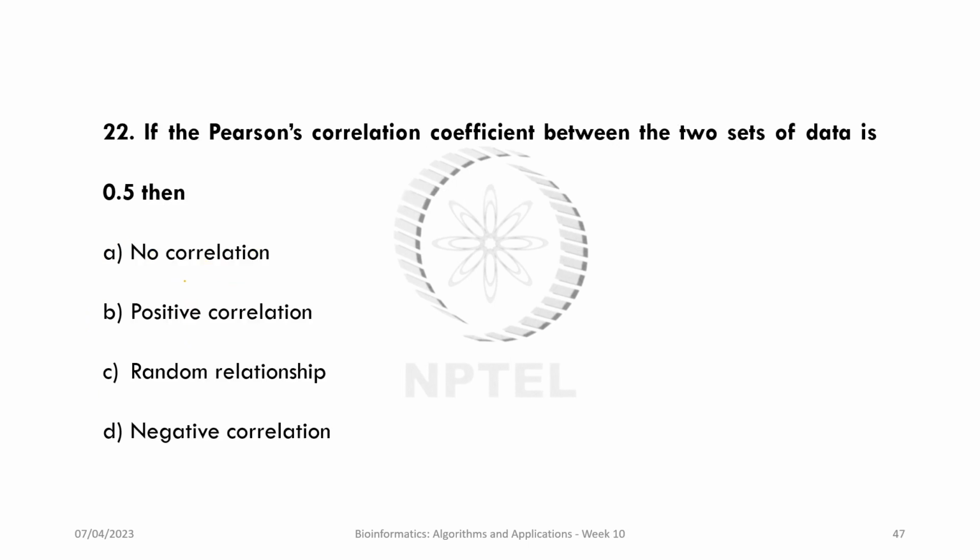Question 22. If the Pearson's correlation coefficient between the two sets of data is 0, then option A, no correlation, B, positive correlation, C, random relationship, and D, negative correlation. If it's 0, so R ranges between -1, 0, +1. Excuse the color.